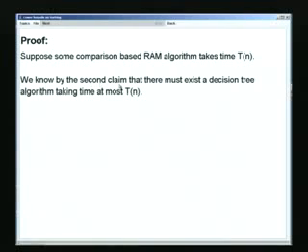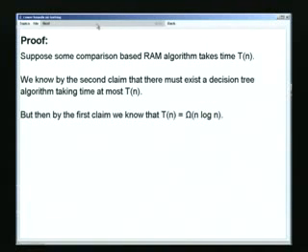By the claim that we just proved, we know that there must exist a decision tree algorithm taking time at most t of n. But the first claim tells us something about decision tree algorithms. The first claim says that the time taken by the decision tree algorithms must be at least n log n. So t of n had better be at least n log n. But then this t is the same as this t, and therefore comparison based RAM algorithms must also take time n log n.